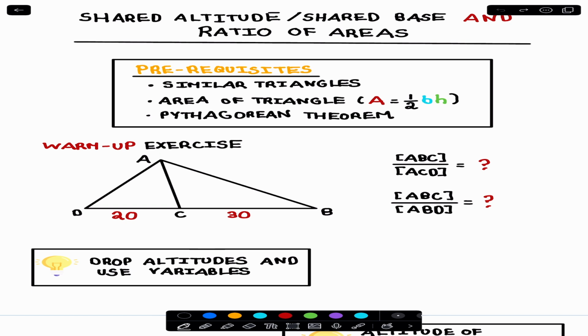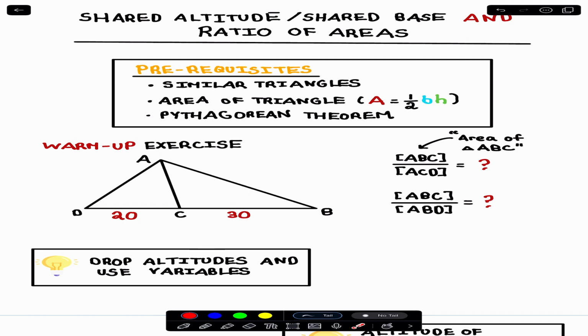From now on, whenever you see this thing in square brackets, this just means area of triangle ABC. So that's what that means. Then this means the area of triangle ACD, and this means the area of triangle ABD.